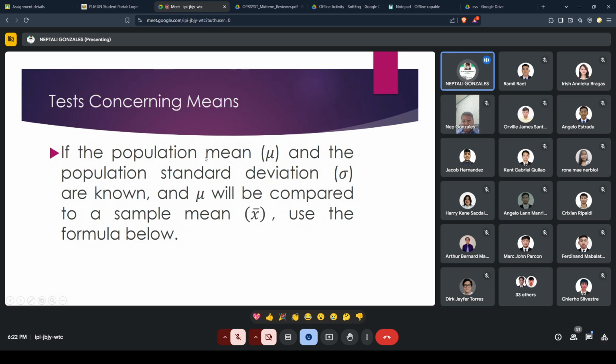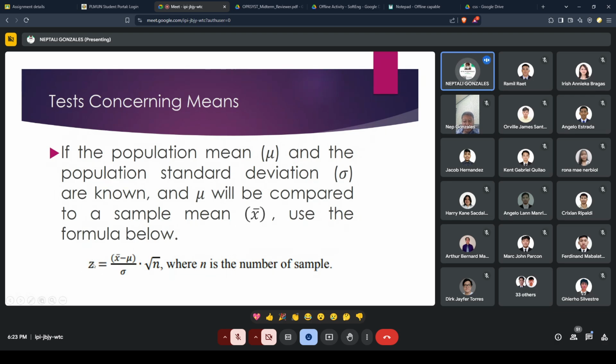So this is actually the z-test already. The population mean versus the sample mean. And if the population mean is given and the sample mean is given, you will use the formula below. So here is the formula z.